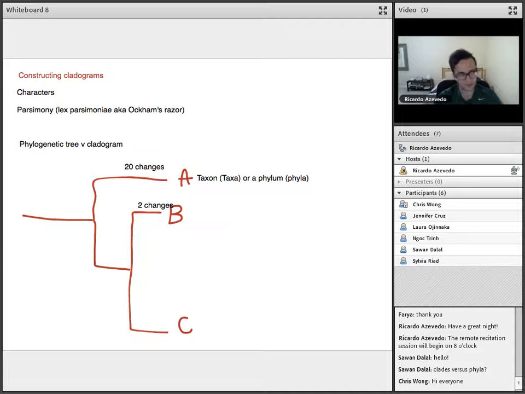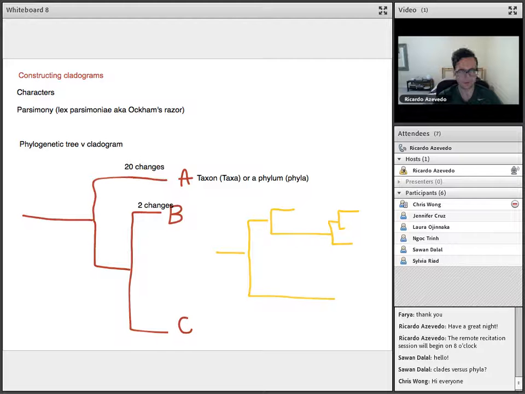In those kinds of trees, actually, I don't think there are any of those in your textbook, not that I know of. In those types of trees, you usually end up with trees that look like this, where there are different taxa, but the branches have different length. So something like this, where the branches are proportionally drawn to reflect the amount of change during evolution.